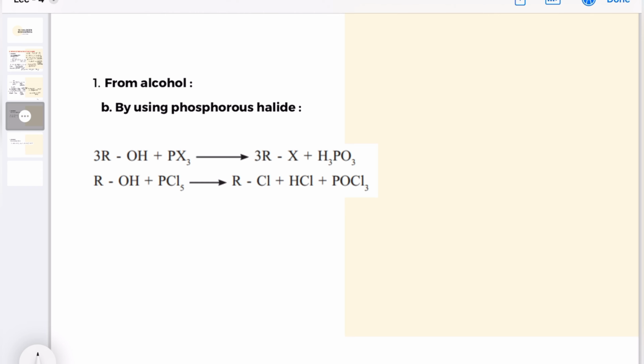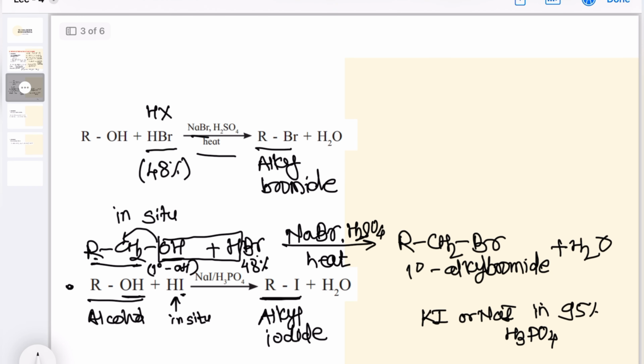Okay, before this reaction, in both the reactions, what happens if we are preparing alkyl chloride? What type of condition do we require for alkyl chloride preparation? We use the Lucas reagent, that is HCl plus ZnCl2. Okay, if we are preparing RBr, that is alkyl bromide, then what type of reaction condition do we need?